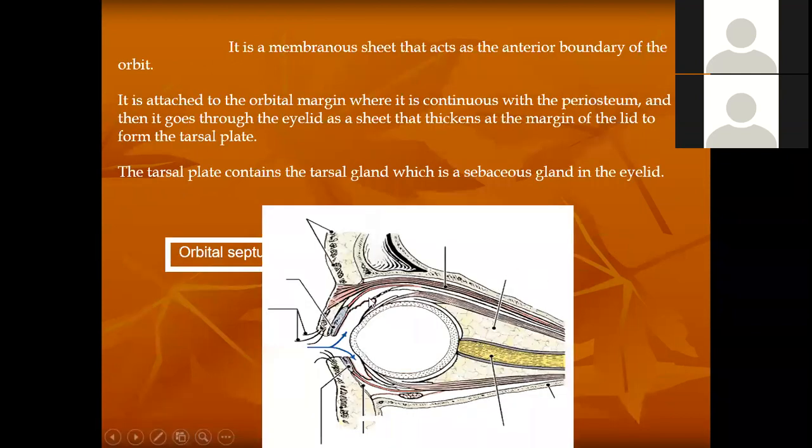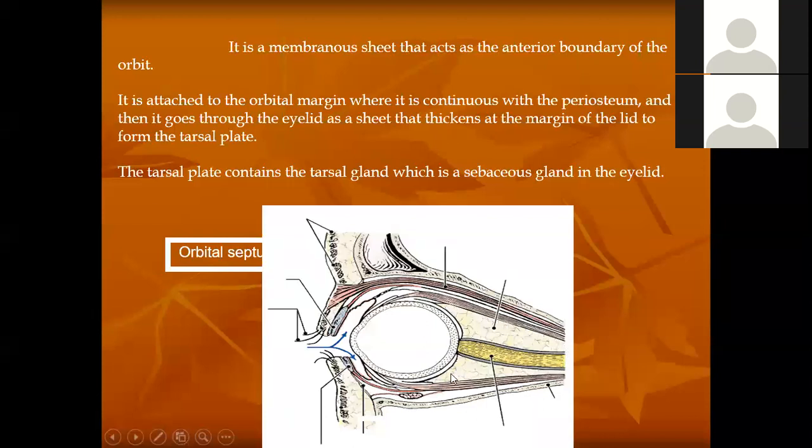Yes, this is the picture which will make the concept clear of what is intraconal or extraconal. This is the superior rectus muscle and the inferior rectus muscle, you can recognize both of these. The space and the contents in between these muscles, which surround the eyeball and go backward, this space is called the cone because it's cone-shaped.